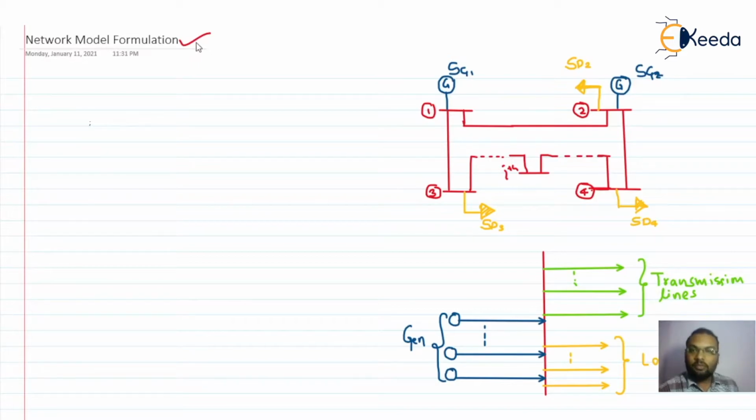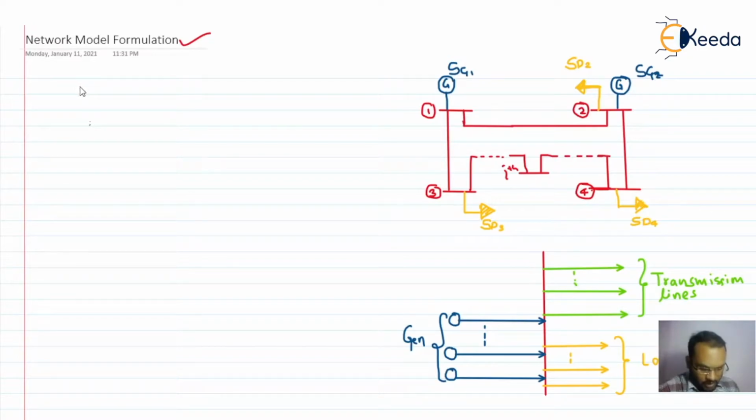So in this session, we'll be learning how to model a practical power system so that we can utilize that model to carry out the load flow study. Here are the main important elements of the power system that we should consider in the load flow study. Let us see how to replace those important equipments of the power system in the network model formulation.